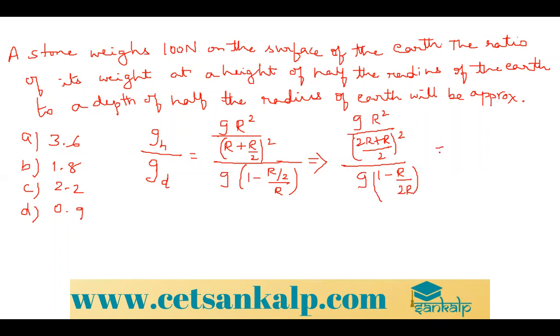Okay, so our numerator is g R square divided by 3R square.